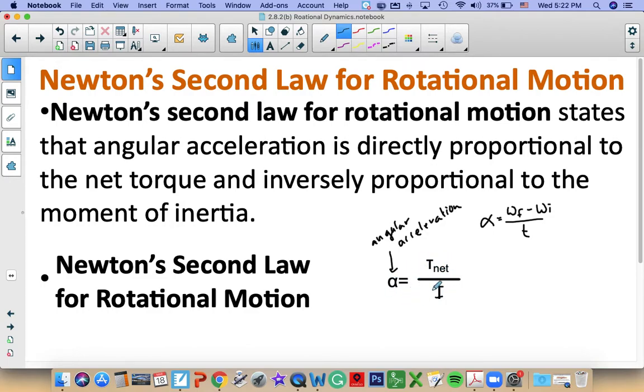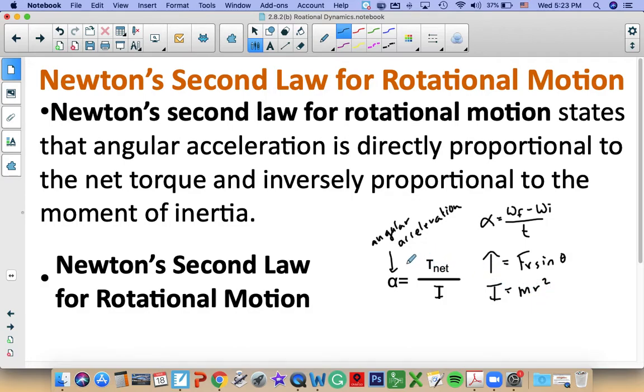This in general is the equation. We can rewrite it to make it look better if we want to. But net torque, or torque in general, is Fr sine theta. And then moment of inertia, depending on whatever the object is, that's mr squared. So these three equations are going to relate to this one. There could be a torque causing an angular acceleration, and we could find the moment of inertia if we wanted to, and even go further if we know the object, and find a mass or a radius.